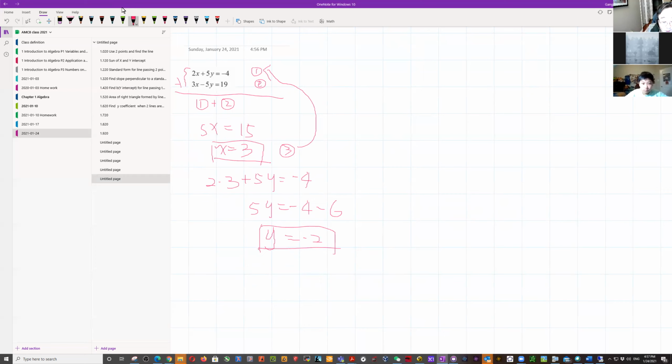We solved it using 1, so we can double check on 2. So 3 multiplied by x, which is 3, and minus 5 multiplied by y, which is -2, is going to be 9, and minus negative is positive, plus 10, which is 19. So everything checks out. This is the elimination.